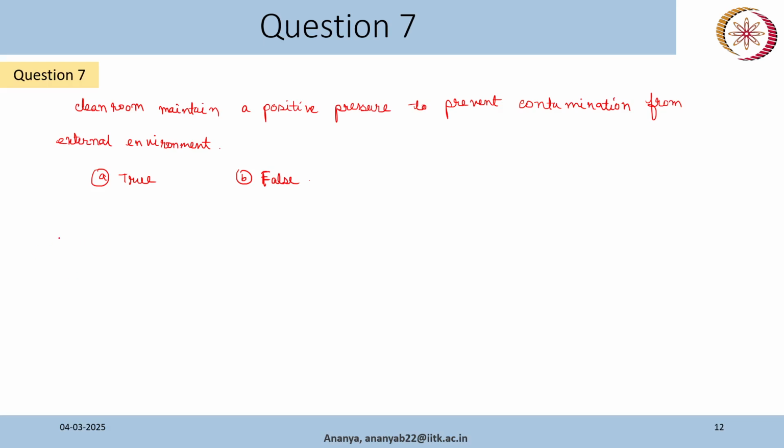You know that air flows from the high pressure region to the low pressure region, so air will flow from the clean room to the outside. So every time someone opens the door, a positive pressure will ensure that there is no contamination.